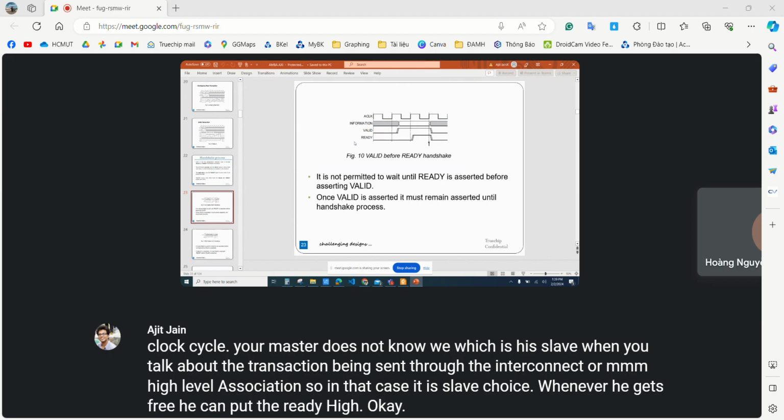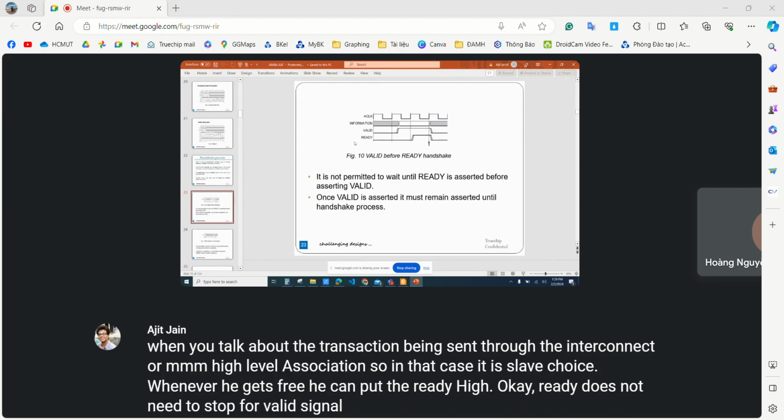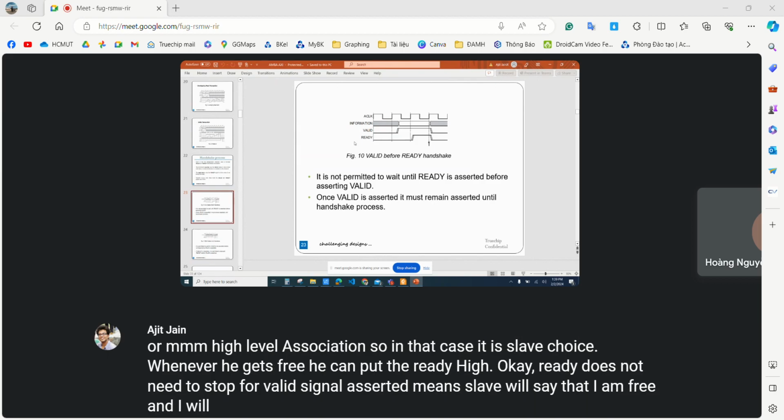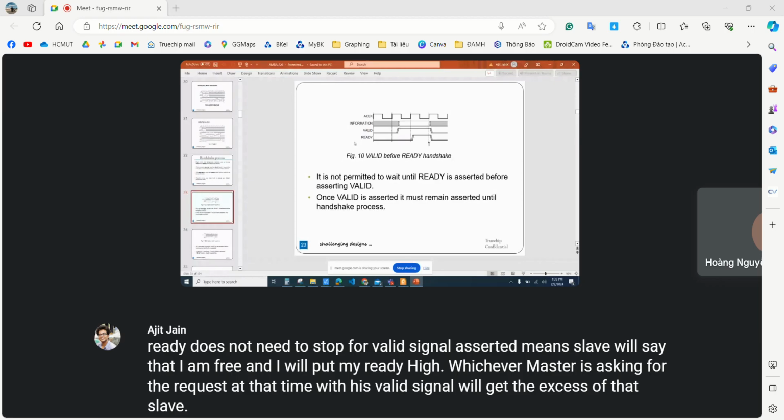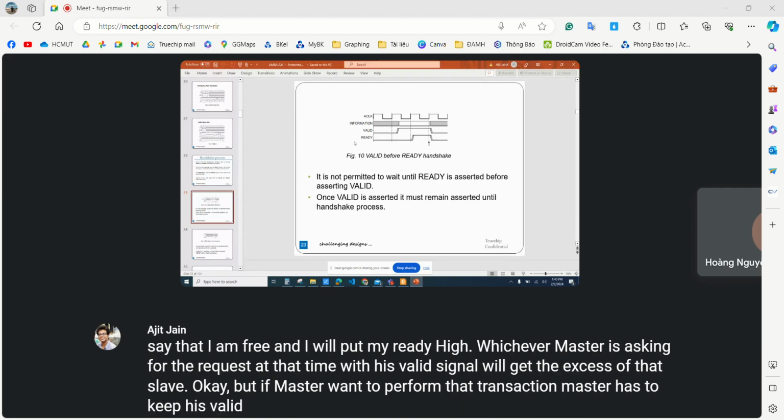Ready does not need to wait for valid to be asserted. It means the slave will say that I am free and I will put my ready high. Whichever master is requesting at that time with its valid signal will get access to that slave. But if a master wants to perform that transaction, it has to keep its valid high until ready is asserted.